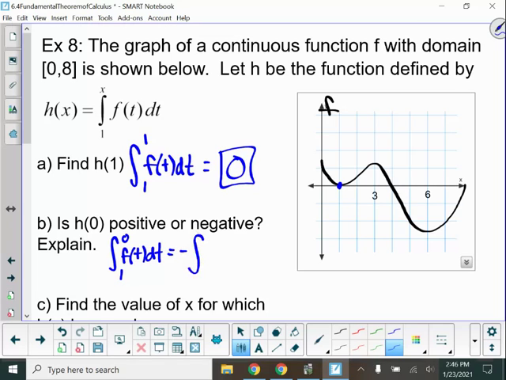So that's the negative of the integral from 0 to 1 of f of t dt. From 0 to 1 is a positive value, so that would be the negative of a positive, which would then be a negative value. So you're basically thinking backwards. Since it's looking backwards, it flips to be a negative value.